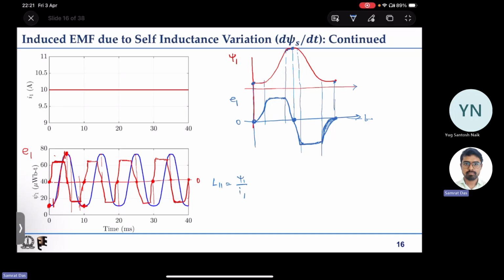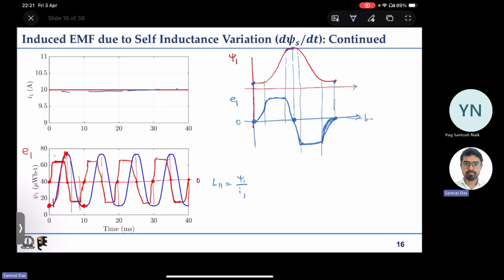Whatever the shape of the flux linkage, because current I1 is always fixed, if we simply divide the flux linkage by current, we will have the inductance. So the inductance for this winding is dependent on time, and more precisely it depends on the rotor position.